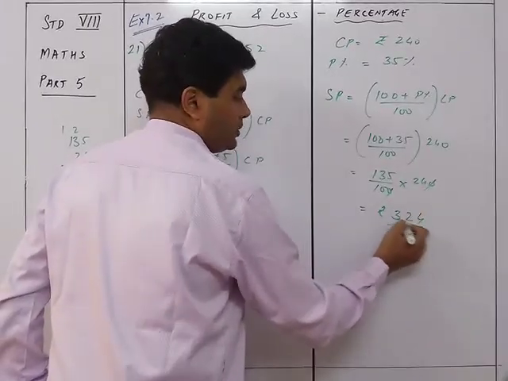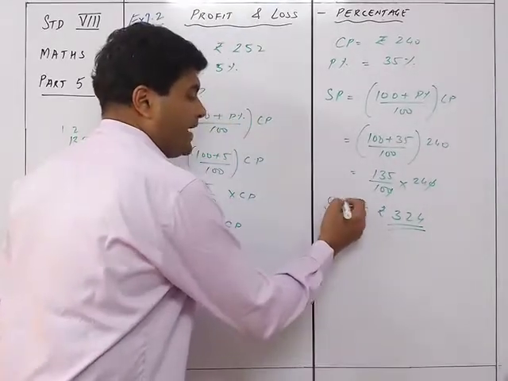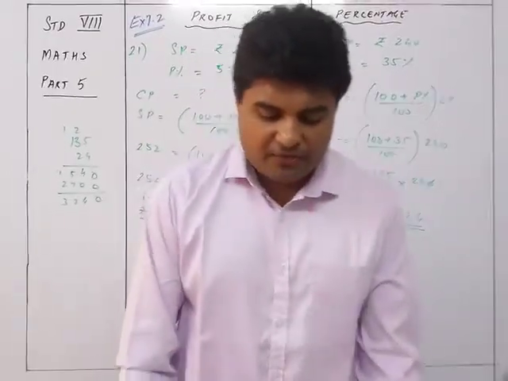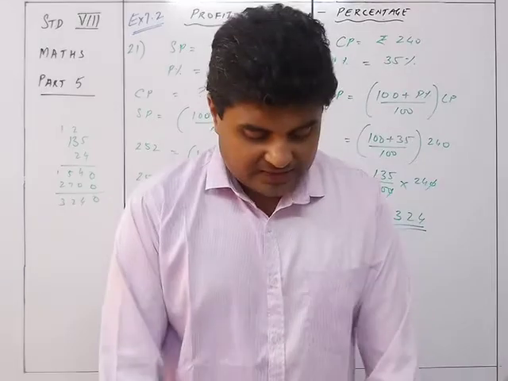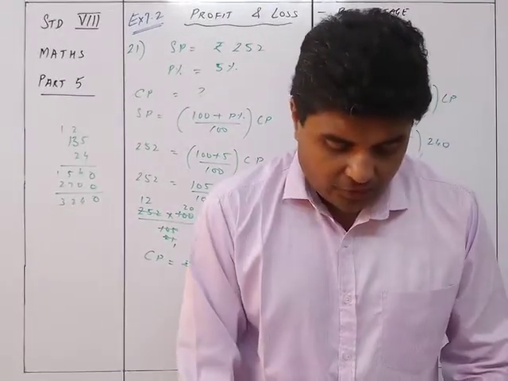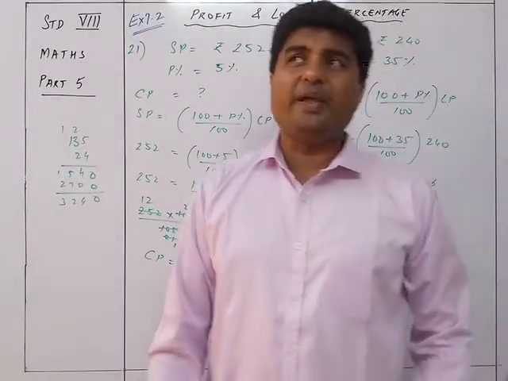So if he wants a profit of 35%, then he should sell the item which cost him 240 rupees at 324 rupees. So the selling price of the article will be 324 rupees. That was sum number 21.